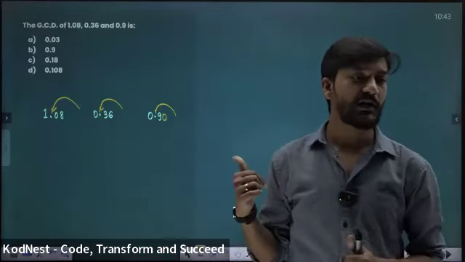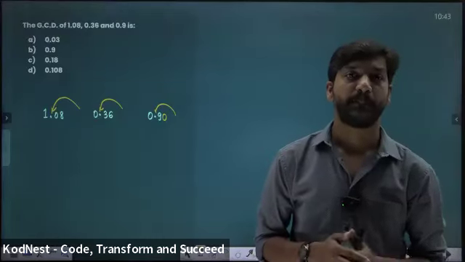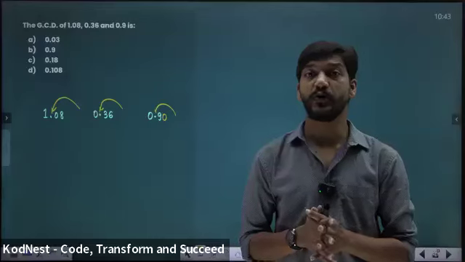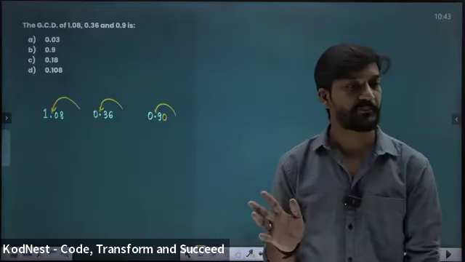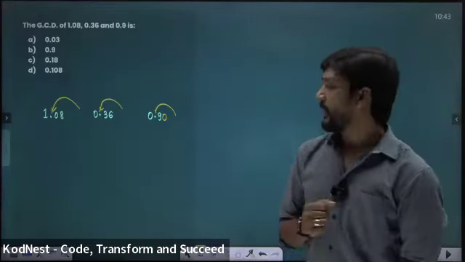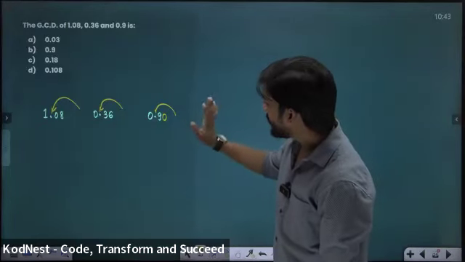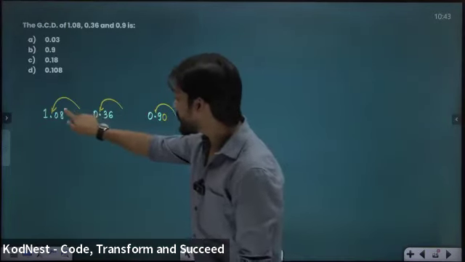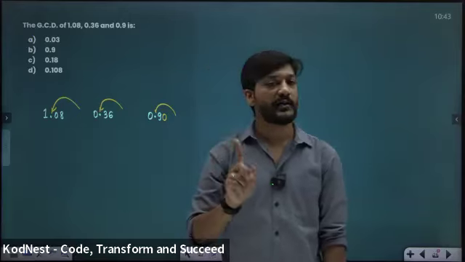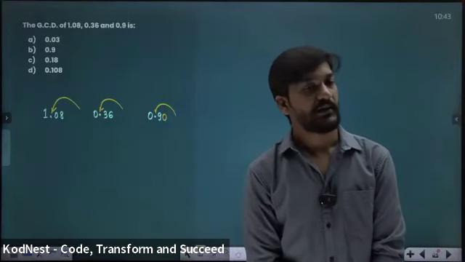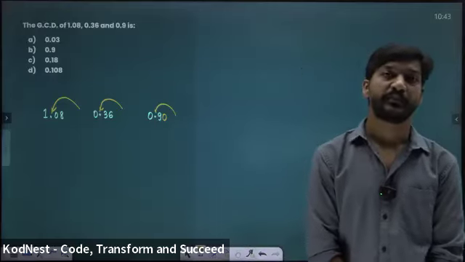Can I do this or can I not? 0.9 and 0.90, are they the same or different? Same. Okay, but why have I done this? Because if I put a 0, the decimal seems to be present at the same place, yes or not? Same place. Okay, this is why I am doing it.